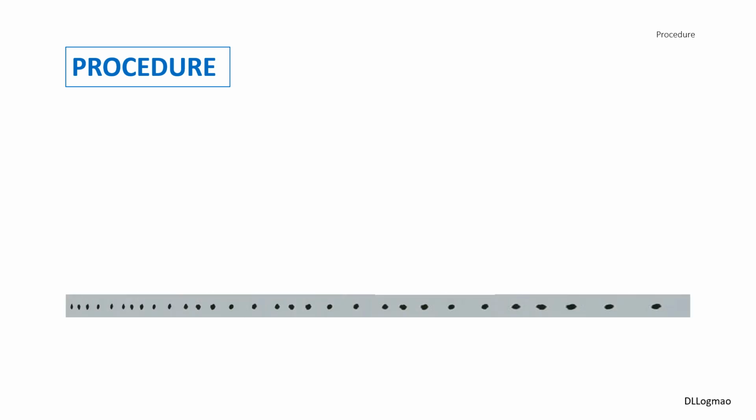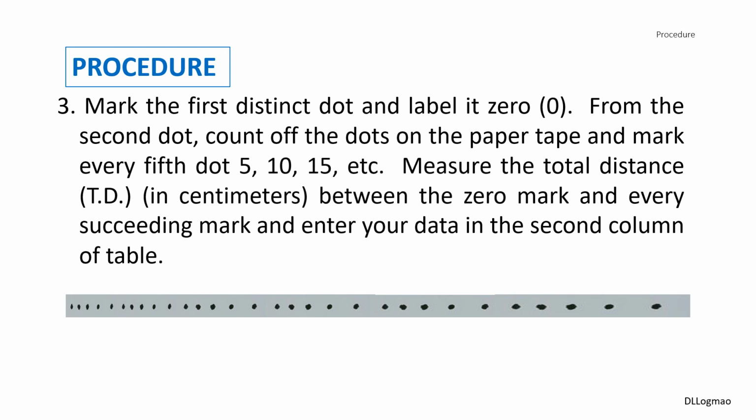After the experiment is performed, a paper tape with a record of dots like this one is obtained. On the paper tape, mark the first distinct dot and label it as 0.